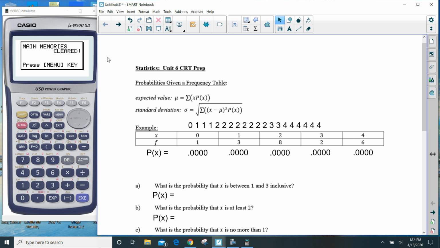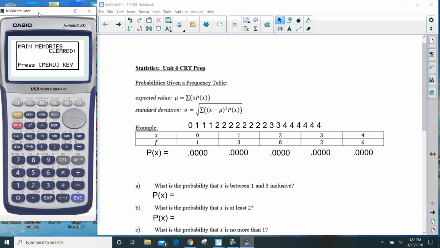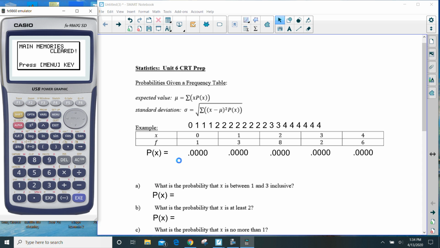However, if you're using a Chromebook or something without enough memory to install different files, I'm going to try to show you a way to do this without this major calculator.